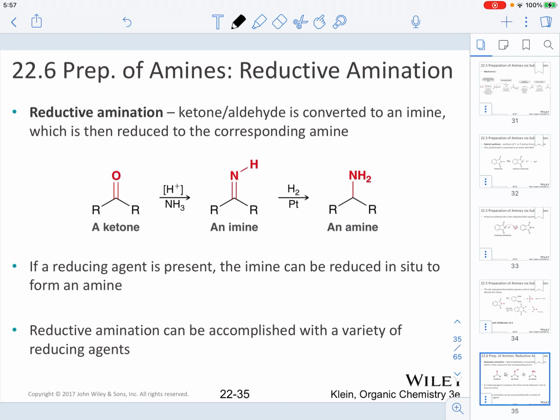If a reducing reagent is present, the imine can be reduced in the vial in situ to form the amine. Reductive amination can be accomplished through a variety of reducing reagents.